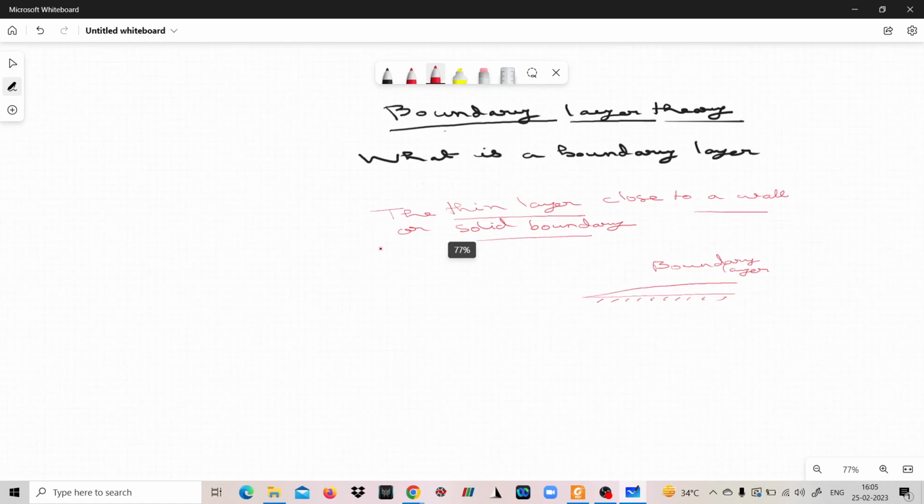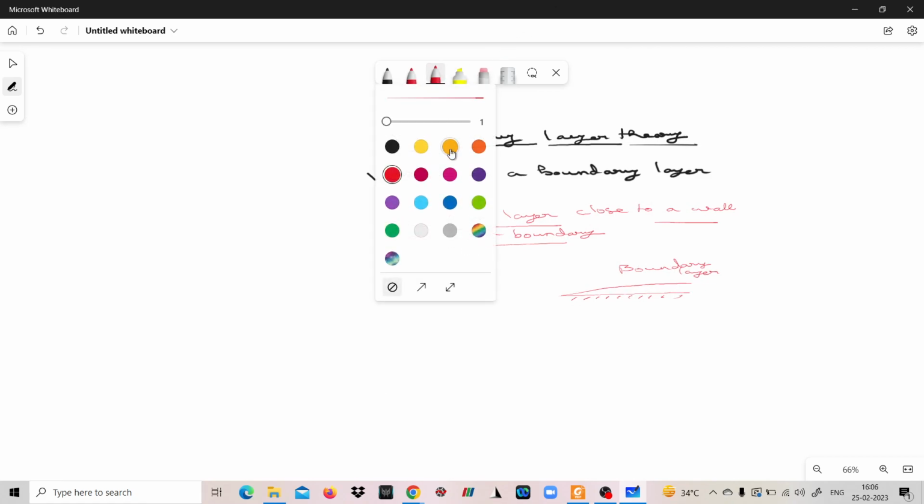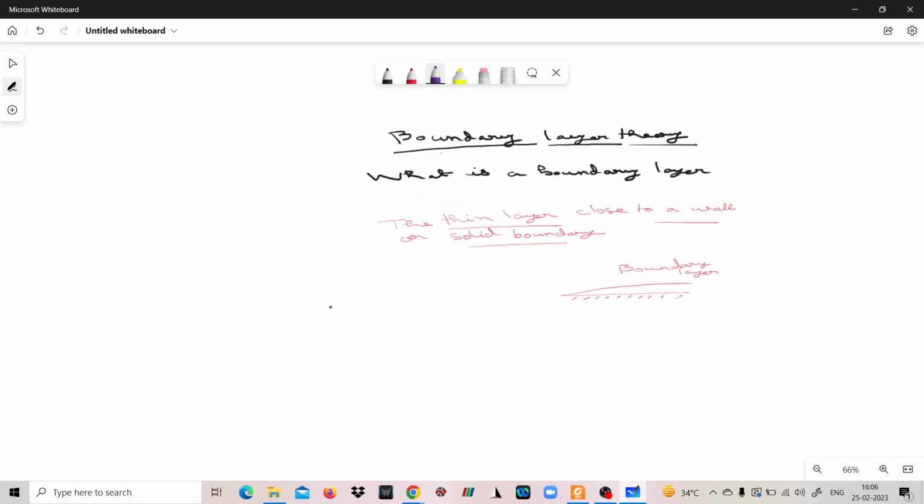Now the important properties of this boundary layer, or the flow features that you need to remember. Property number one is that viscous stresses are dominant inside this layer.